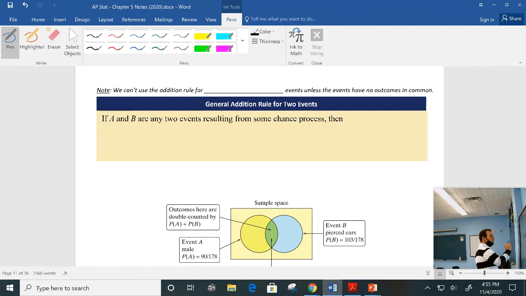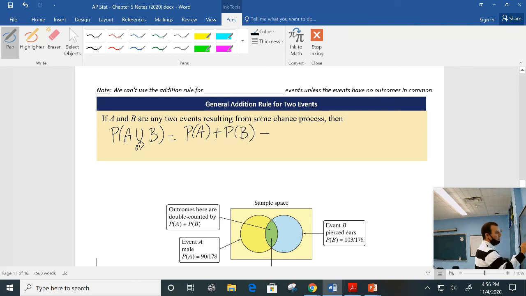That rule looks like this: the probability of A or B is equal to the probability of A plus the probability of B minus the probability of A and B, and I'm giving you a new symbol here that means "and". This part right here is the overlap.